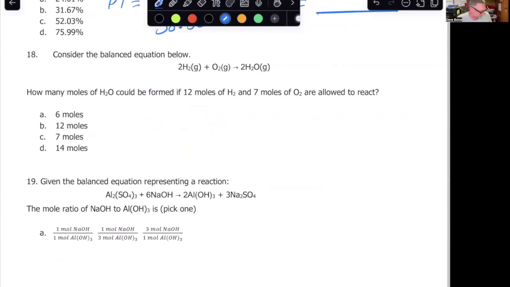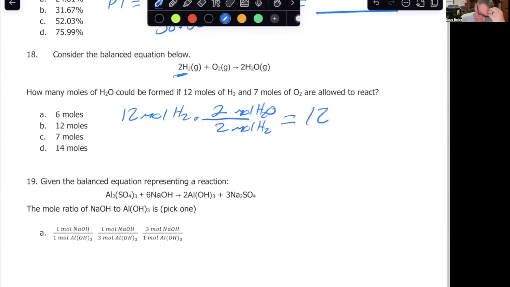Okay, how many moles of H2O could be formed if 12 moles of H2 and 7 moles of O2 are allowed to react? So this one is actually pretty quick and easy. So 12 moles of H2, mole to mole ratio, H2 to moles of water. This is already balanced, so 2 moles of water for 2 moles, that's a 1-to-1 ratio.